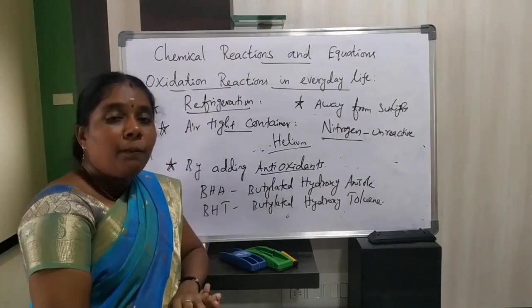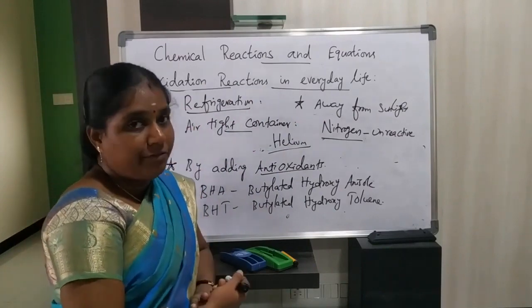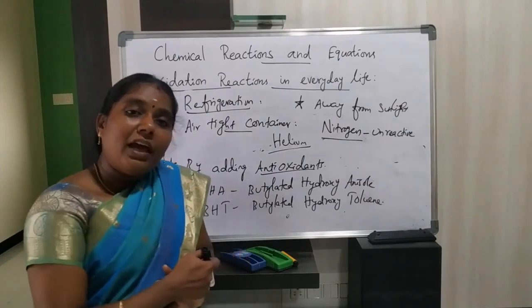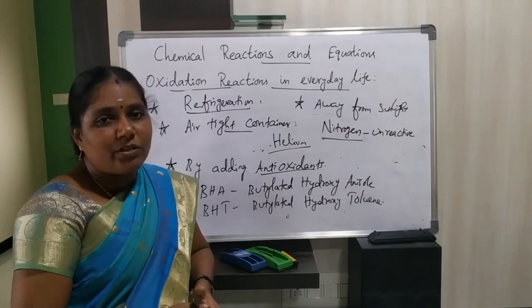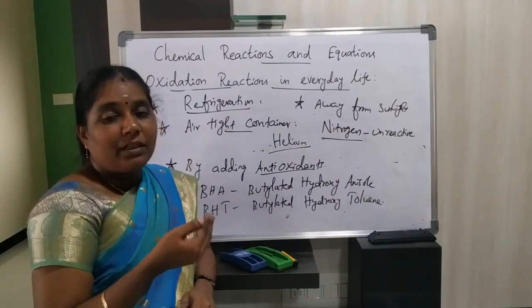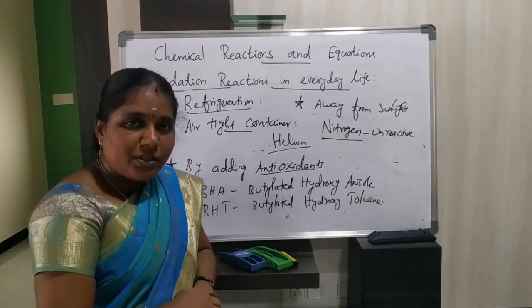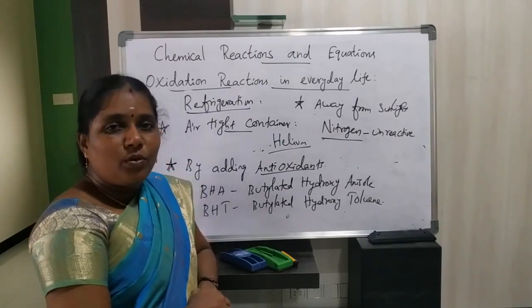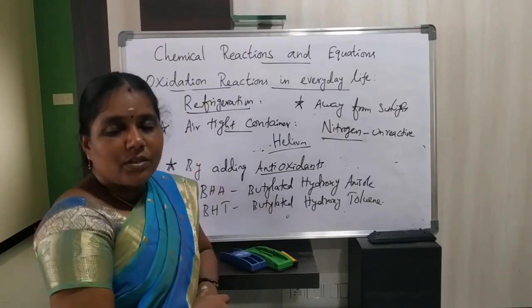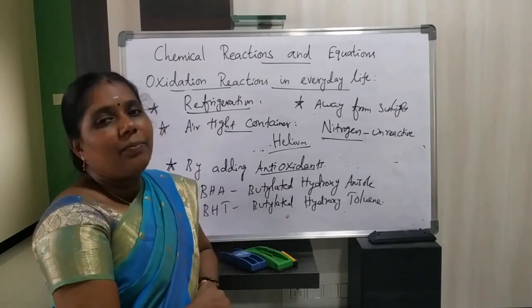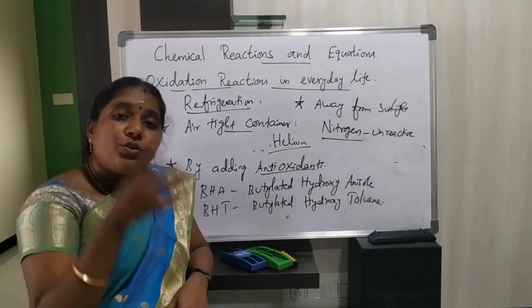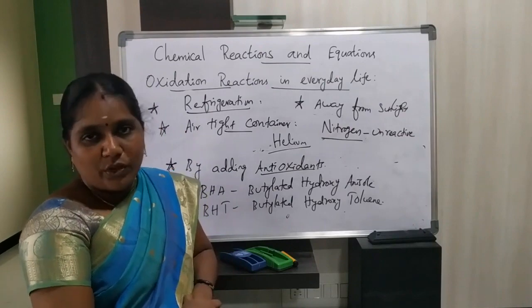So listen children, we have completed this first lesson. We have discussed what chemical reactions are and the characteristics of chemical reactions. Then we discussed chemical equations, balancing chemical equations, unbalanced chemical equations, and why we need to balance a chemical equation.